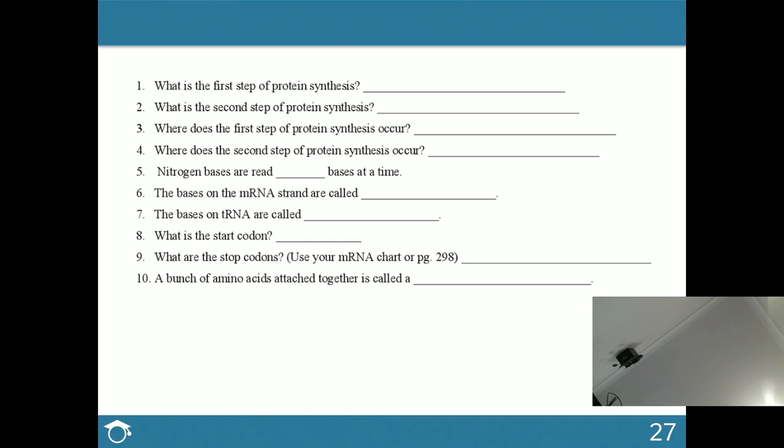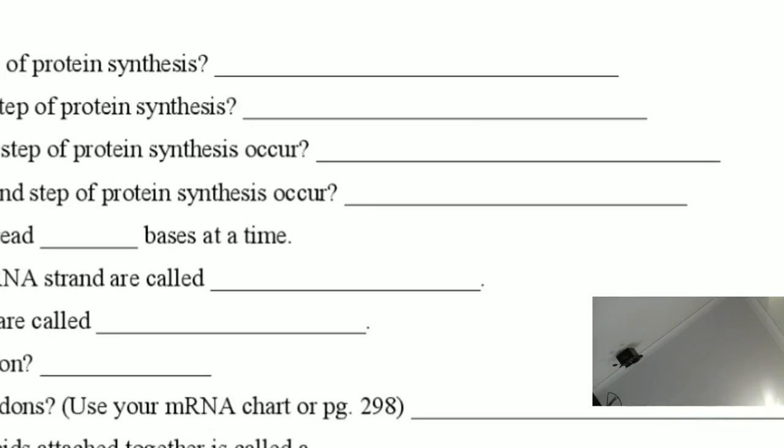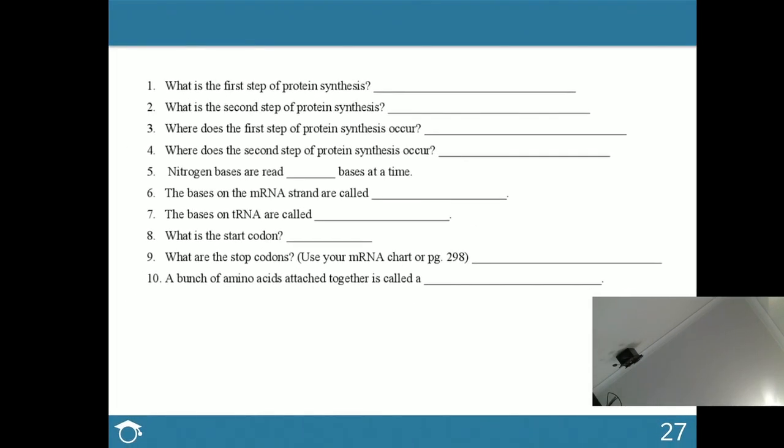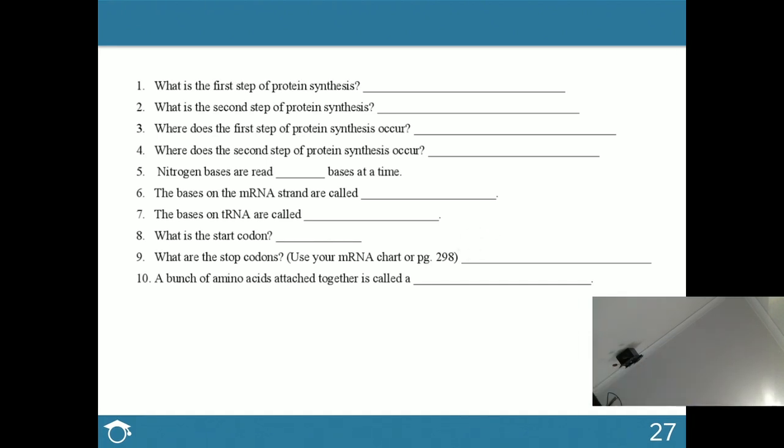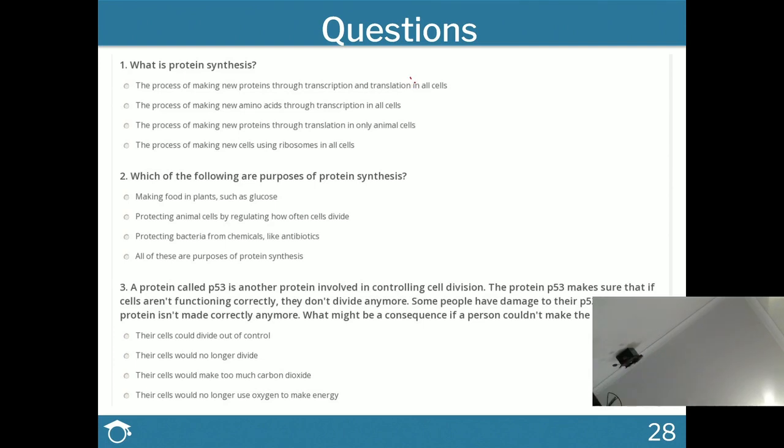I've just got a couple of base questions for you. What is the first step? Please pause the recording and try these questions yourself. What is the first step of protein synthesis? That is transcription.